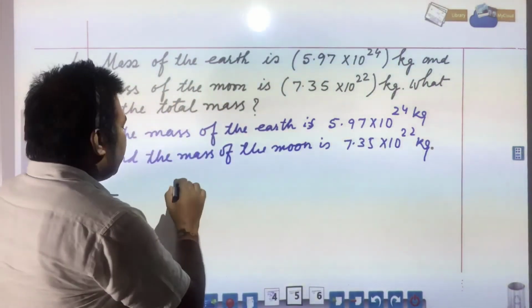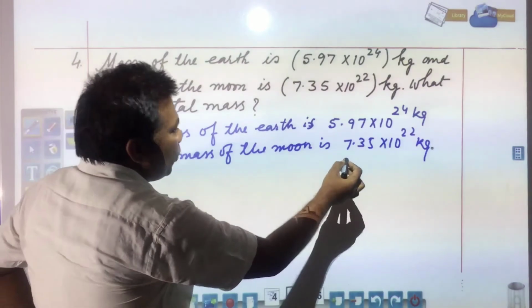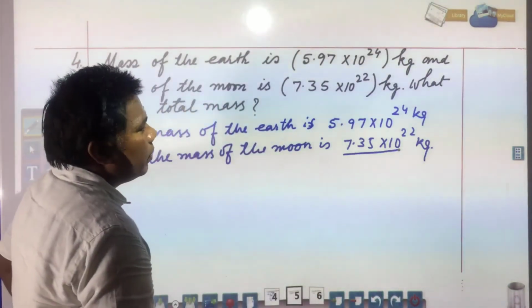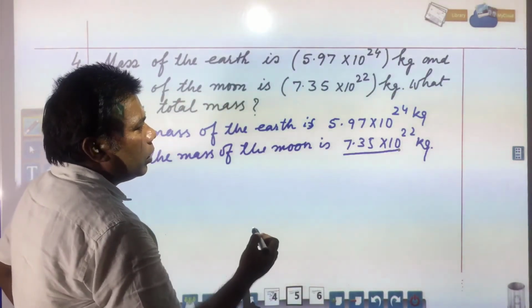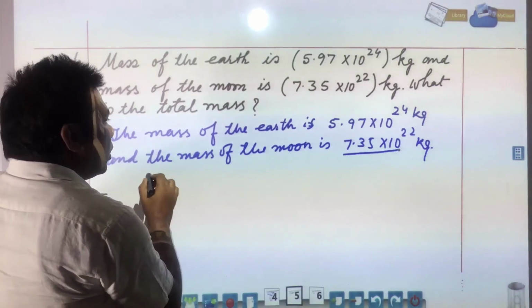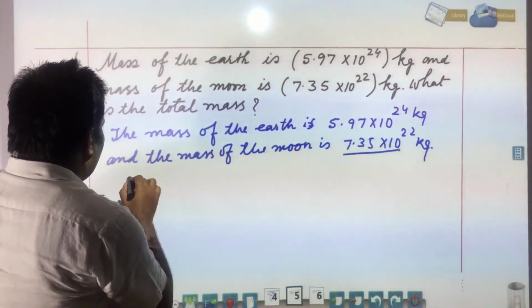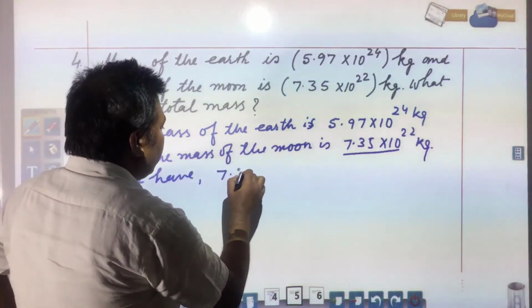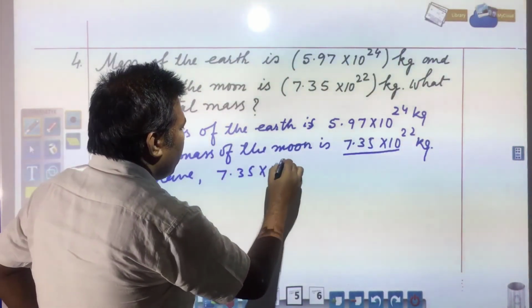So, here you see, suppose we are converting this 7.35 into 10 to the power 22. So, what we will get? We have 7.35 into 10 to the power 22.